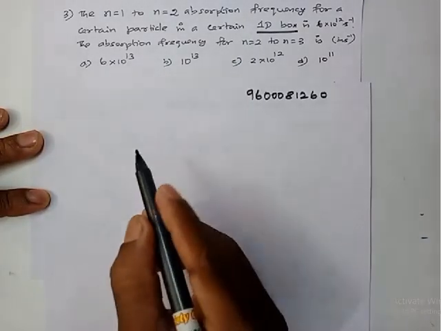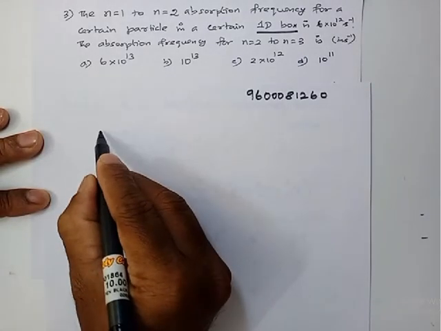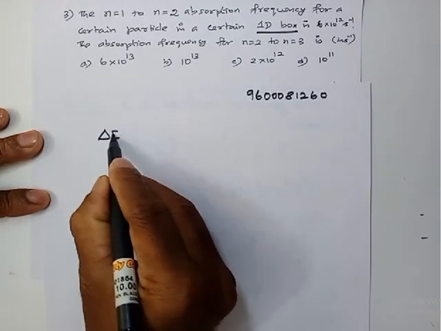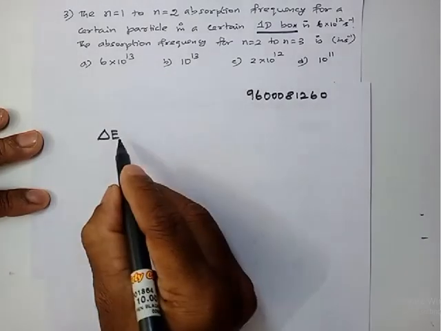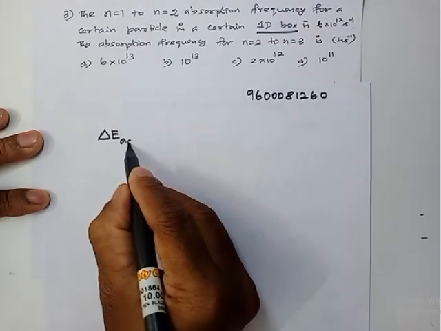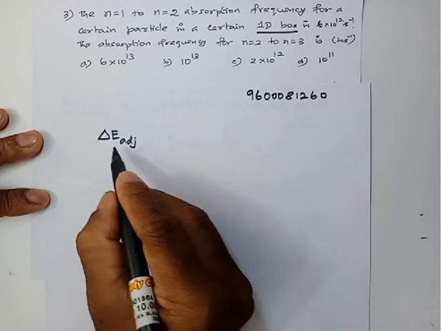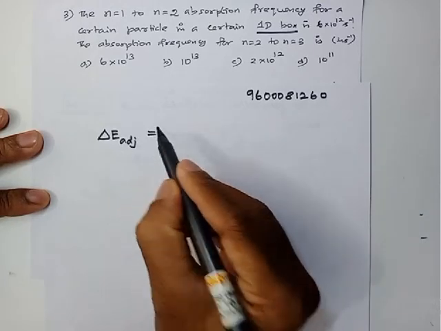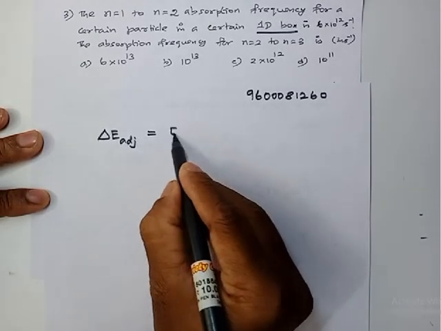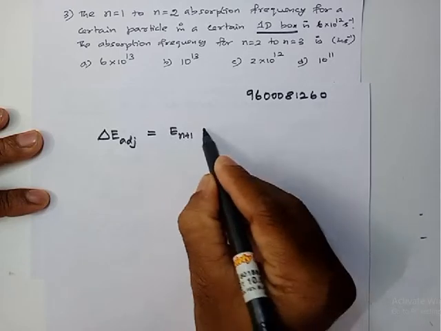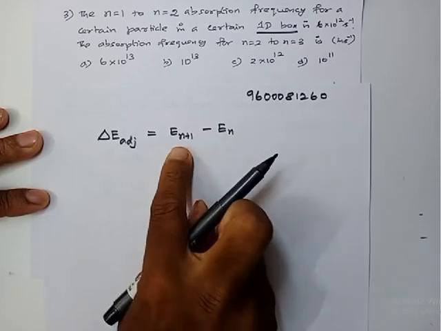You know very well, in a 1D box the gap between adjacent levels, delta E, is nothing but the energy of the n plus 1 level minus the energy of the nth level. This is the higher level, this is the lower level.